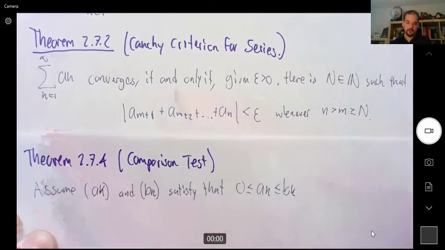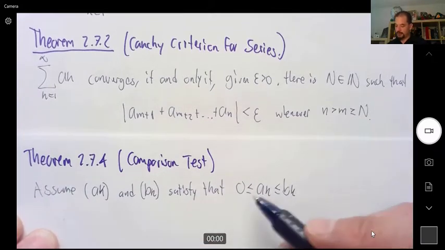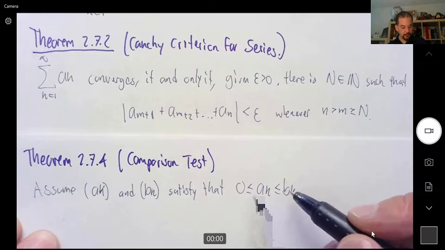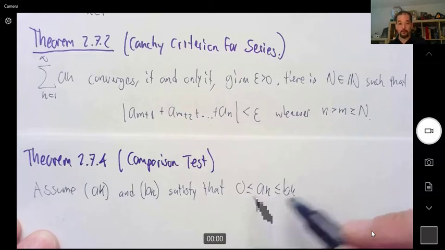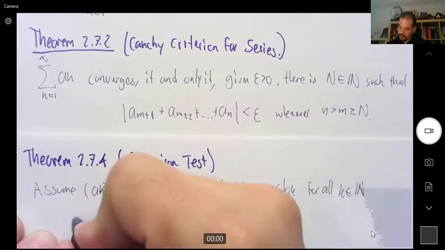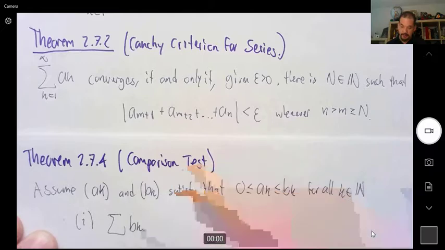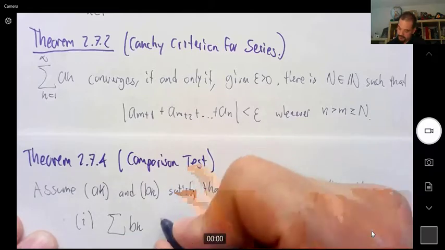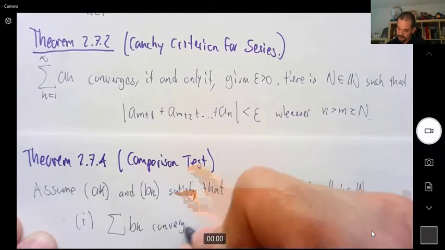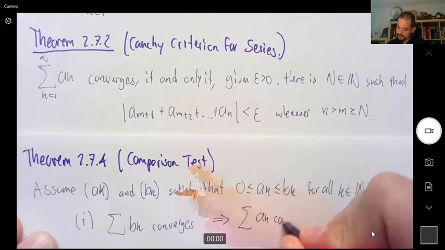In other words, these are the sequences, but the corresponding series will have positive terms, and the A's are smaller than the B's. Good. Then the following happens. If the series of the B's converges, so if the larger one converges, then the smaller one converges.